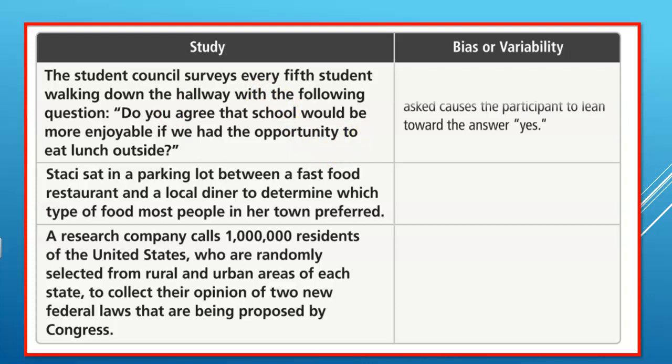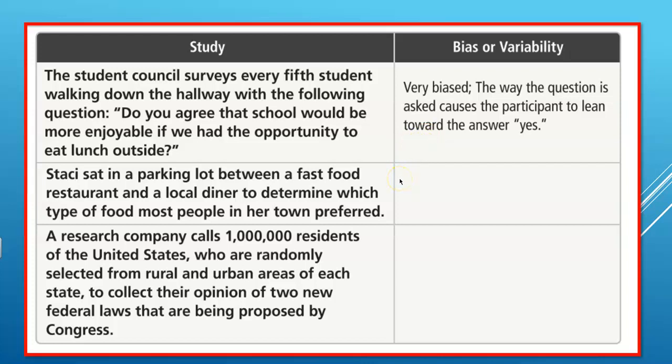What do you think? Because of the way the question is asked, this would be very biased. It causes the participants to lean toward the yes answer. So we would have to change that question. Every fifth student is a good way to sample, but there will be some bias in it because of the way the question is asked.